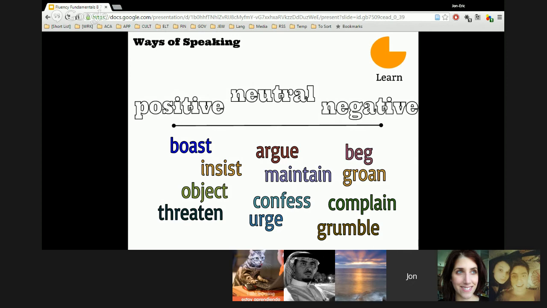Mr. Khalid, the next word below argue, is that a positive or negative or neutral word? Maintain. Maintain, right. Think about how that's used. This can be neutral, I think. It's according to the usage of the word.